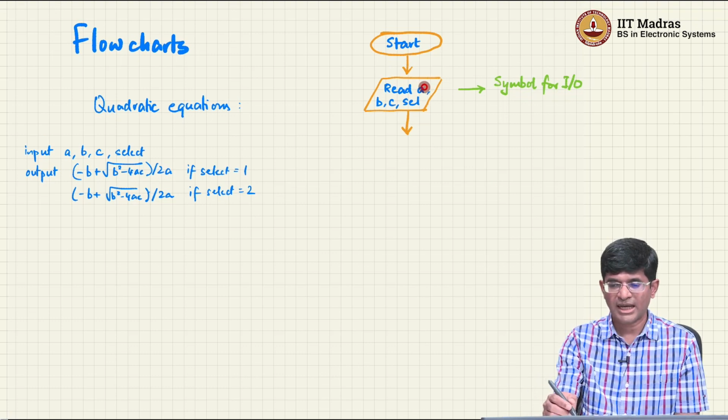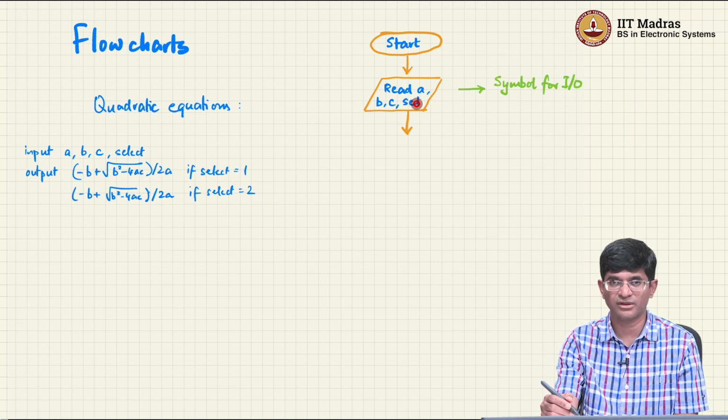And here I just give a statement saying read A, B, C and select. I do not specify where to read it from, whether it is from a file, from a keyboard, or from speech to text conversion where somebody says something and it is converted into numbers. We do not care, we just need to get those values.